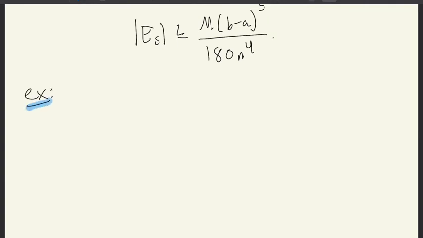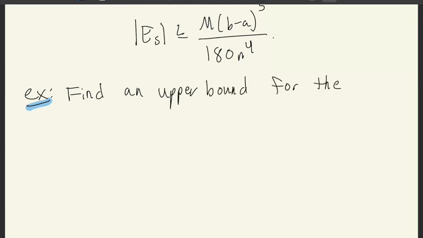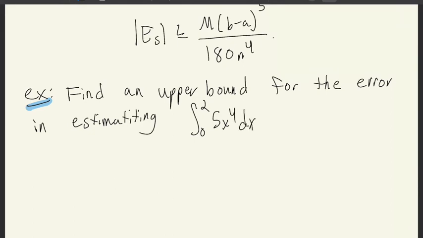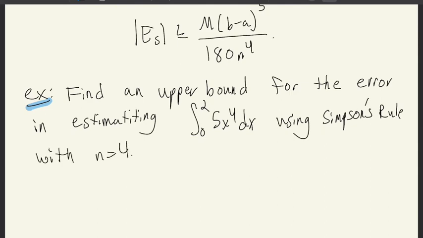Okay, let's do an example of this and then call it a day. Example: find an upper bound for the error in estimating the integral from 0 to 2 of 5x to the fourth dx, the last example, using Simpson's rule with n equals 4.